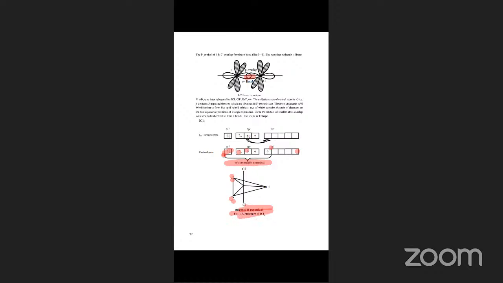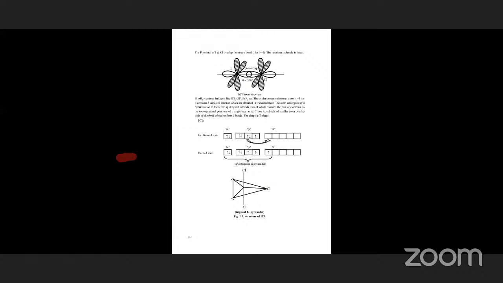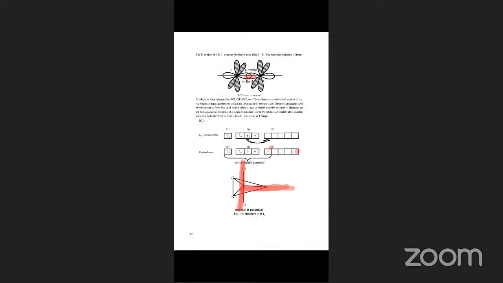See how the T shape looks: seen from this way, you see the T shape, because these 2 are lone pairs.